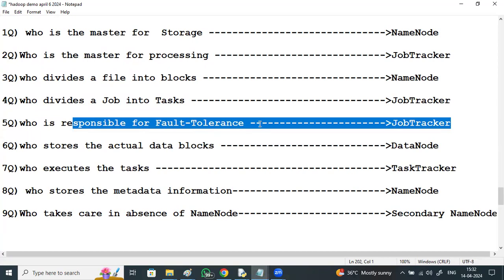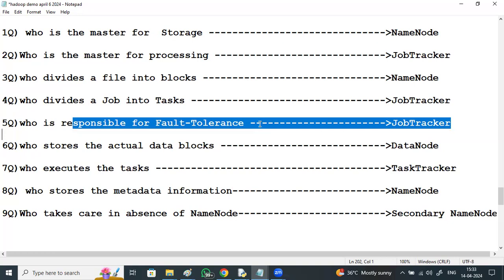If one of the nodes goes down, name node doesn't do anything in that. Whatever data is in that particular slave is lost, and name node cannot bring the data back.